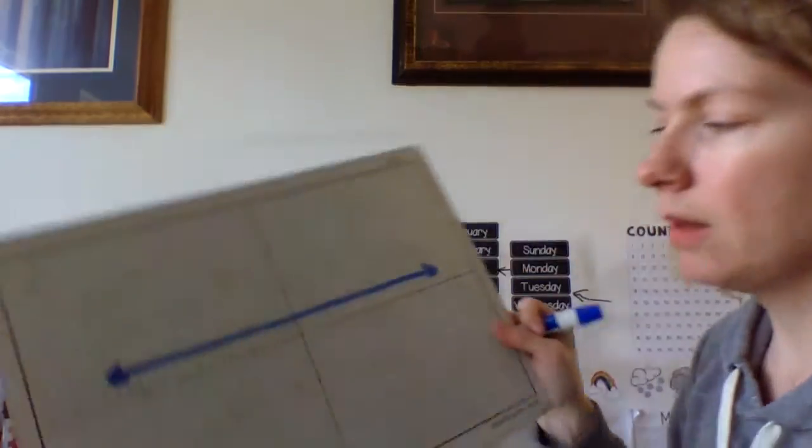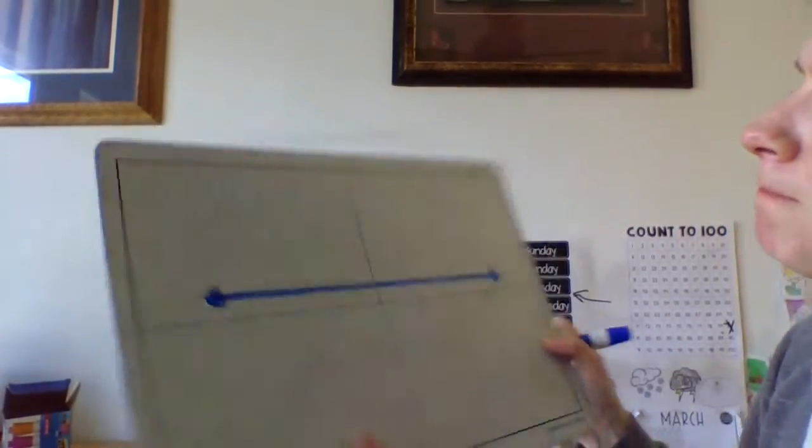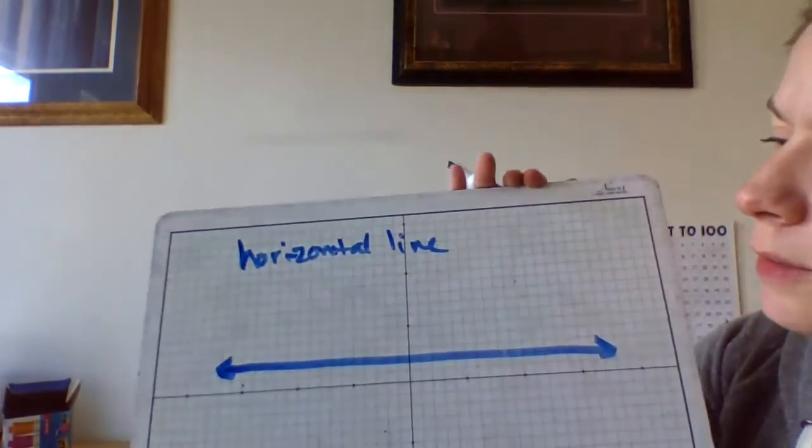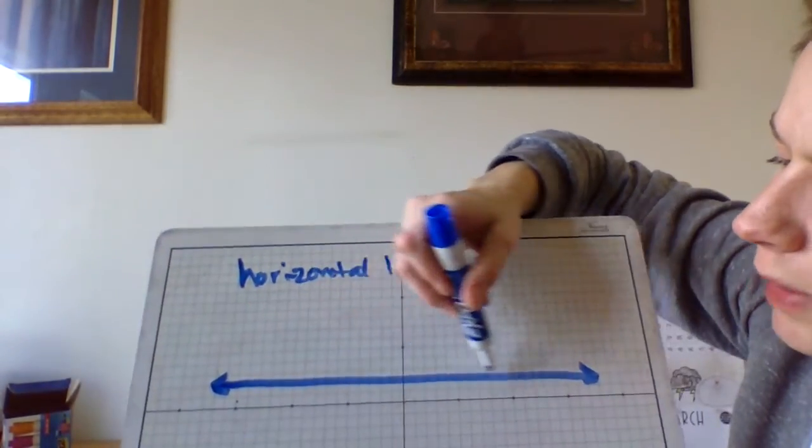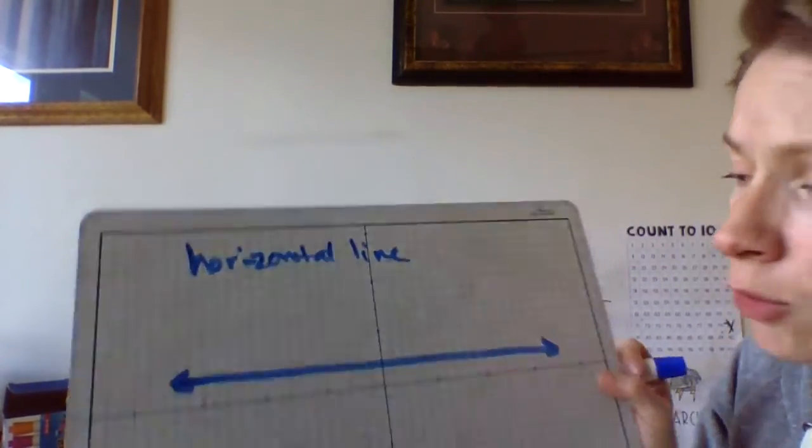let me put one on here real quick. This is a horizontal line, right? So let me write horizontal up here. With a horizontal line, every point on here has the same y coordinate.